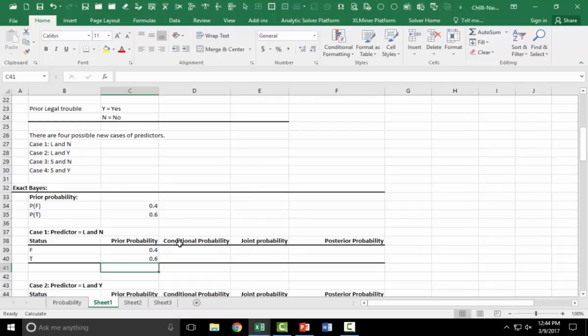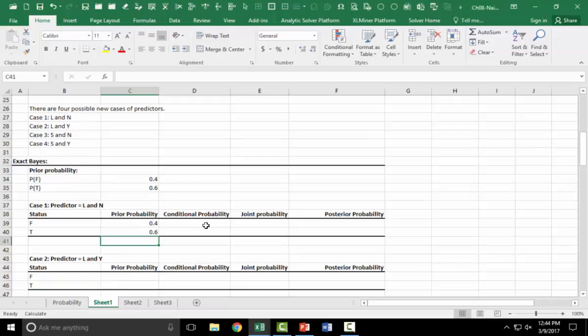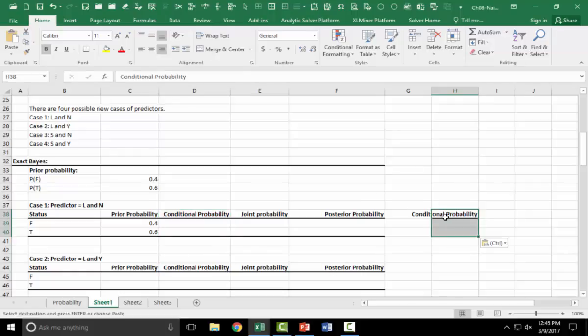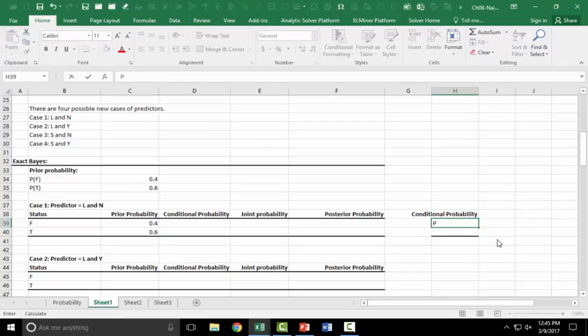So conditional probability is what? Conditional probability is given F, so the probability that we want here is the probability of the predictor profile given F. And what is the predictive profile that we are looking at in this particular case?